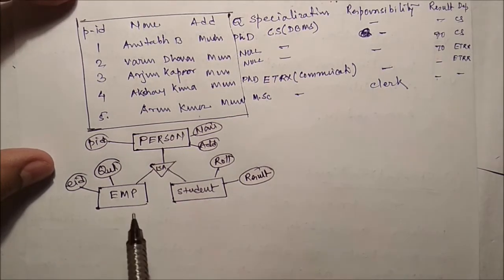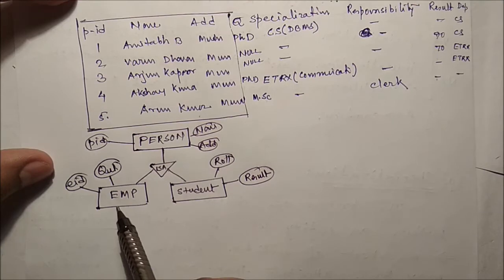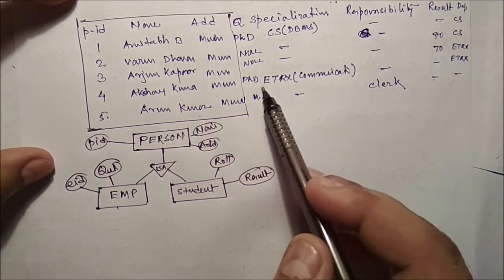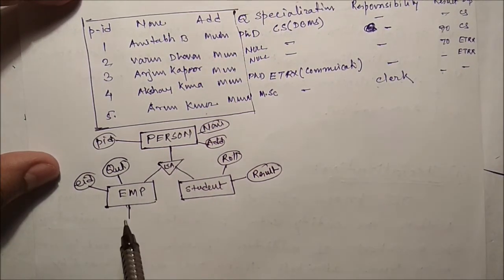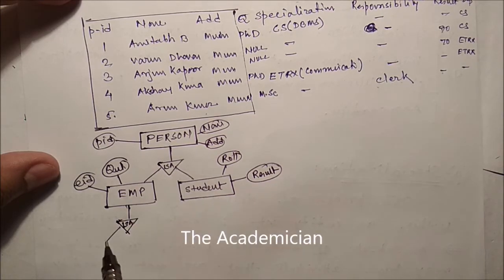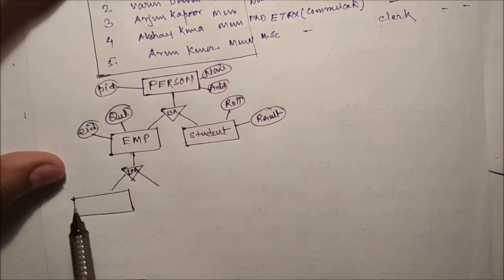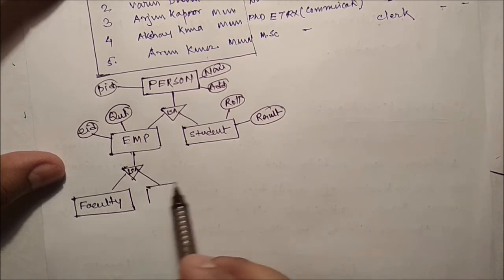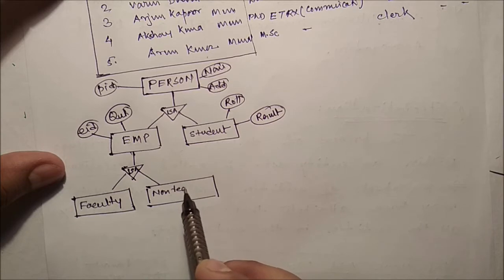Now see employee: we can divide this employee portion into two portions. Say specialization, computer science, electronics. Now here clerk is there. That means further we divide this into two parts. It is called faculty or teaching staff, and non-teaching staff.